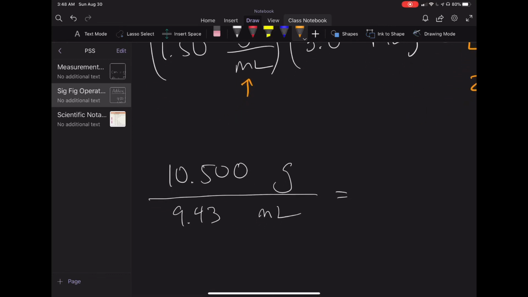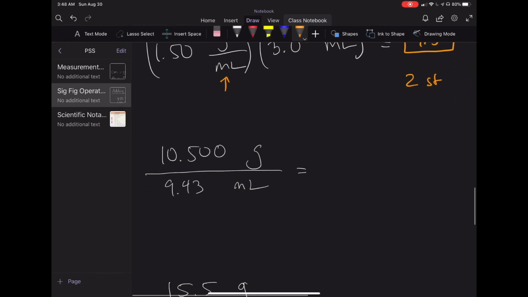So next is an example where we're dividing. And again, we've got grams over milliliters, so this would be like you're trying to figure out the density of an unknown object. We measured the mass, we got 10.500. That has 5 sig figs. And then we also measured the volume of that object, and we got 9.43. That has 3 sig figs. So our final answer needs to have 3 sig figs. So now putting this into our calculator, 10.500 divided by 9.43.